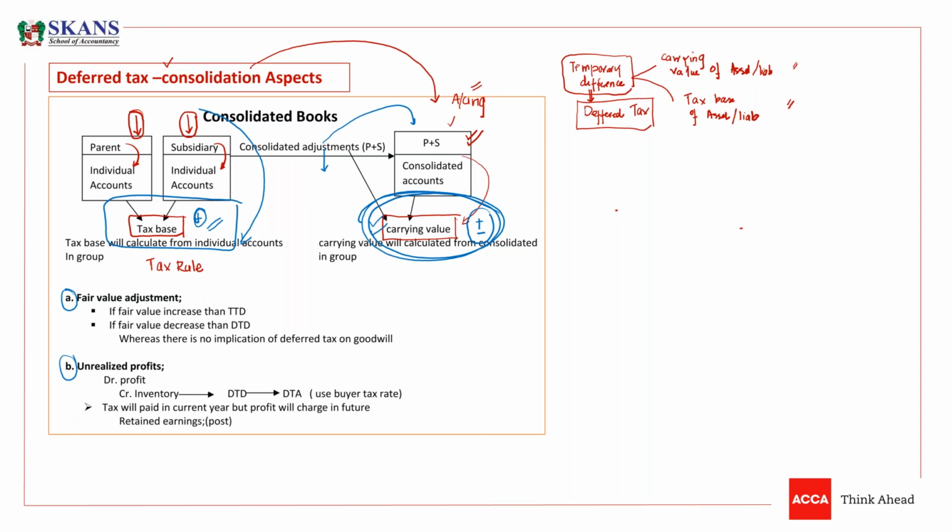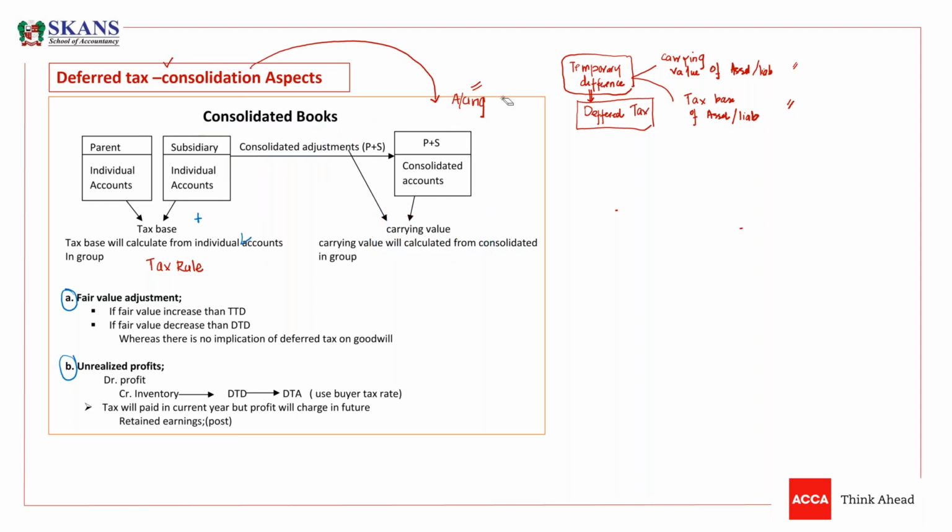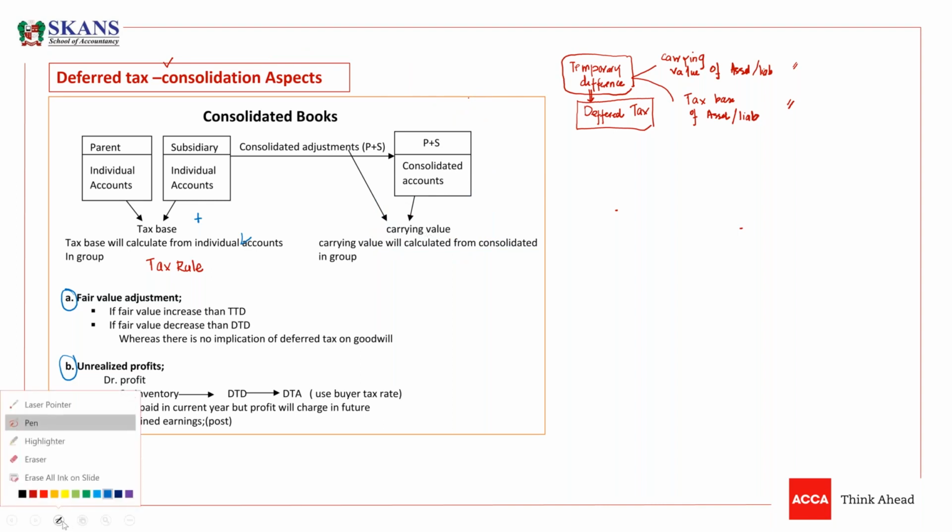So let's understand. The first adjustment is fair value adjustments. If fair value increases, it means parent in individual books, listen carefully, has a value of land of 30.